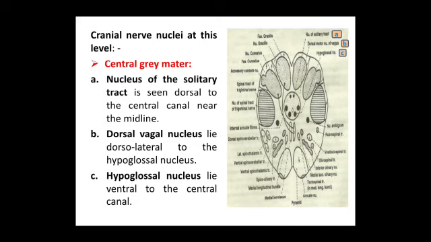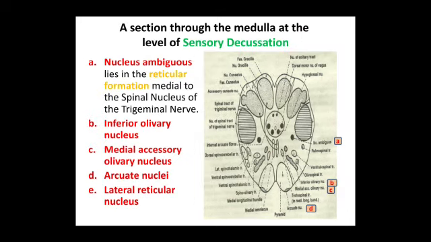So these are the nuclei seen in the central gray matter. The other nuclei seen in the remaining area are depicted as A, the nucleus ambiguus, which lies in the reticular formation medial to the spinal nucleus of the trigeminal nerve.